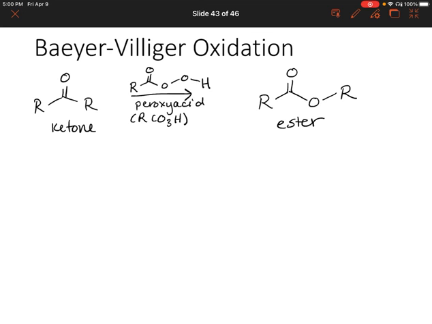Now, what if we did this with an aldehyde? So if you perform this same reaction with an aldehyde, the oxygen is going to add in between the carbonyl carbon and the hydrogen.